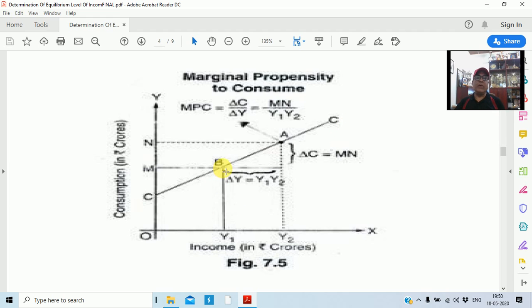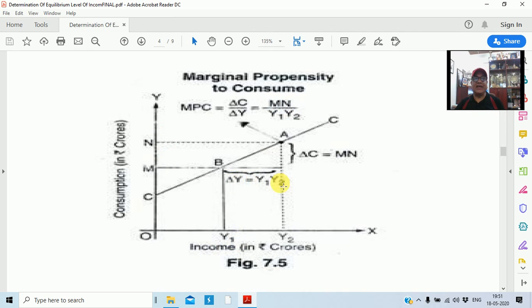Now if we move from point B to point A, there will be a change in consumption and a change in income. So then we calculate MPC at point A, right? MPC at point A will be delta C divided by delta Y. So from B to A, what is the delta C? This is the delta C, from M to N. And what is the delta Y?